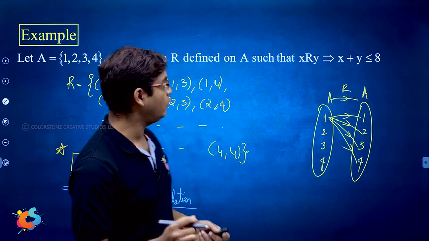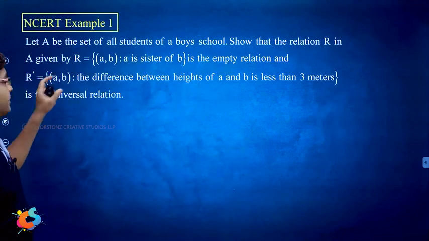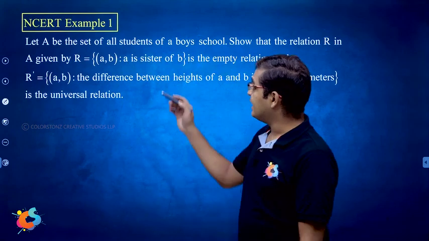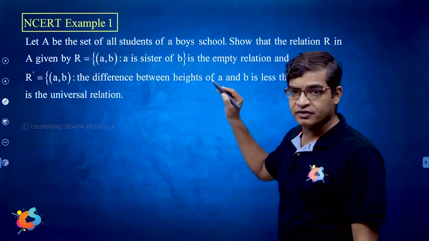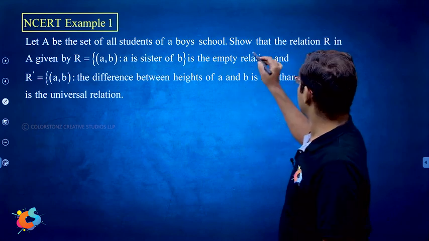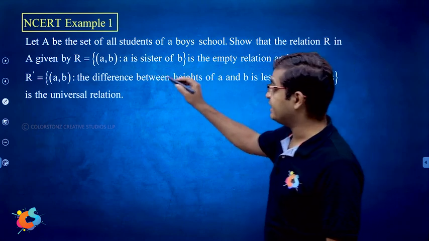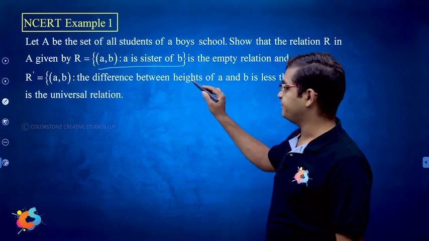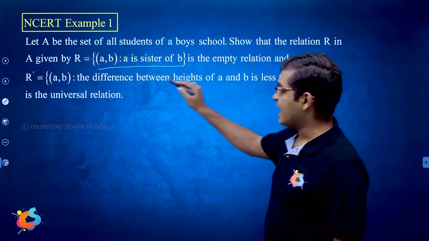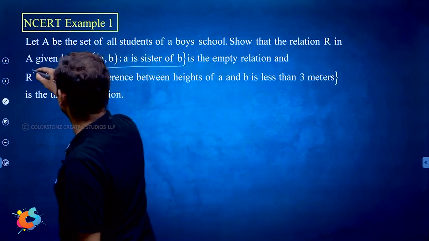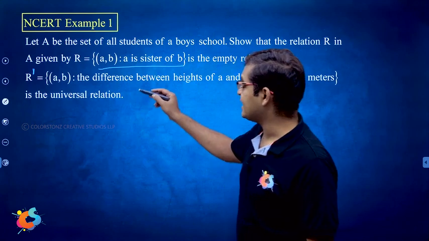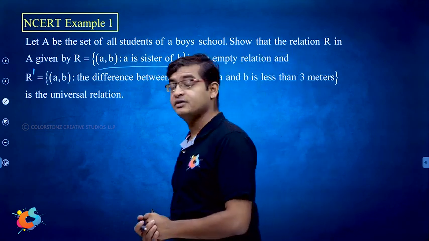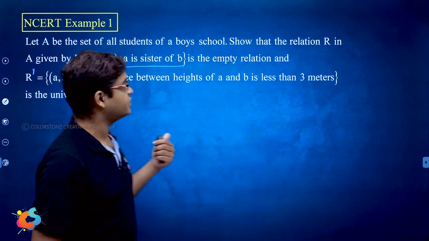Okay, fine. Now let us take the next example. Here we have an NCERT example, which is directly from the textbook. Let A be the set of all students of a boys' school. Show that the relation R in A given by R equal to {(a, b): a is a sister of b} is an empty relation, and R' equal to the set containing ordered pairs (a, b) such that the difference between the heights of a and b is less than 3 meters is a universal relation.